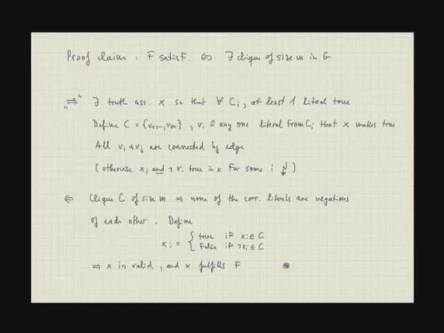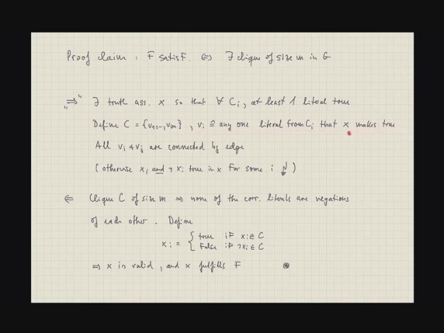If you insist on a more formal proof, then let's see. If we have a formula which is satisfiable, we know there exists a satisfying truth assignment x that makes at least one of the literals true for each of the clauses. And I define a set of nodes in the graph by picking any one literal from each clause that this truth assignment actually makes true.